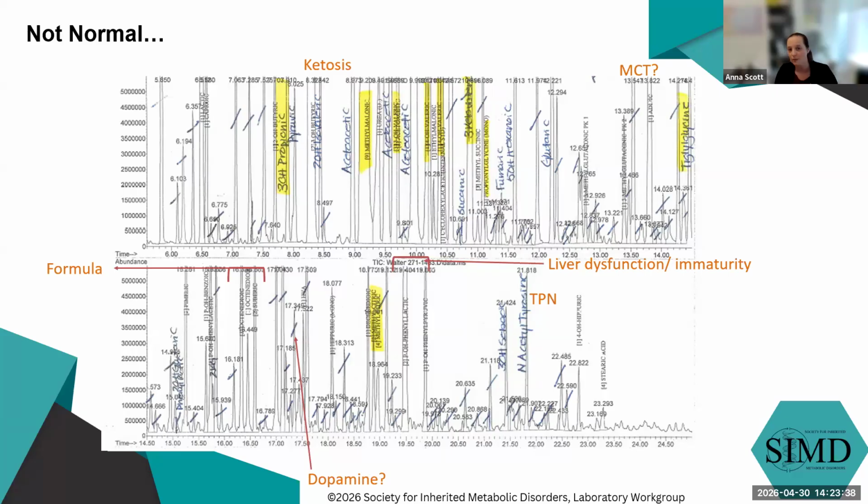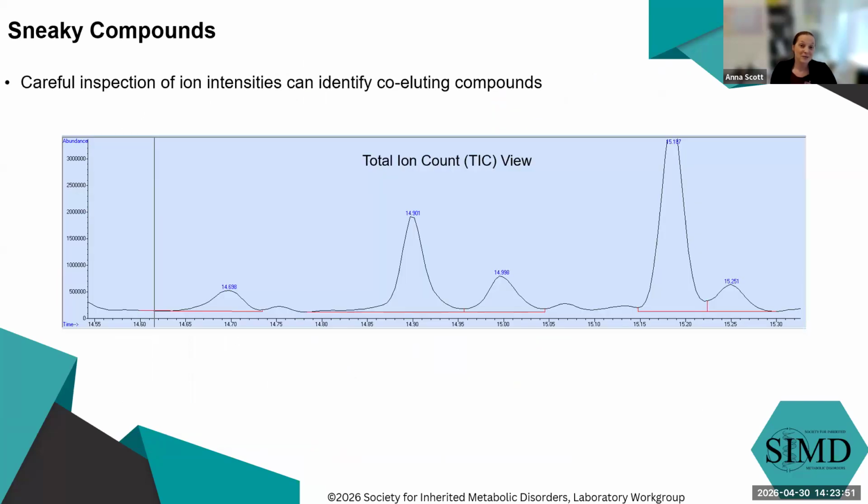And in this case, this was methylmalonyl-CoA mutase deficiency, classic MMA. So the job of the lab director is to wade through all of this to make sure that we don't miss something. And sometimes that can be challenging.